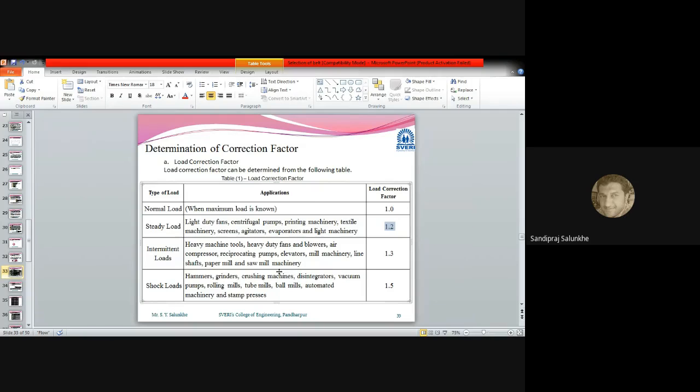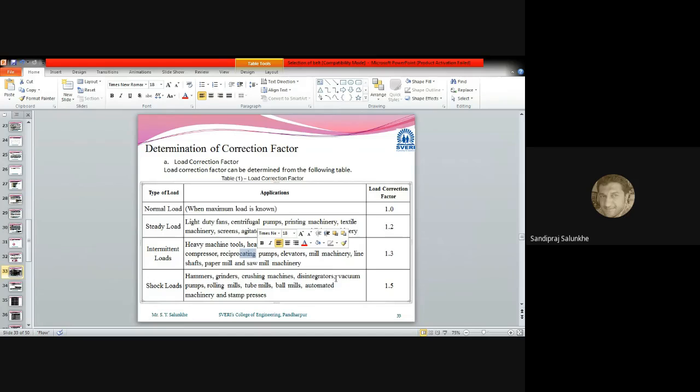But in case of big air compressors, then reciprocating pumps, centrifugal pumps are coming in light duty, whereas the reciprocating pumps are coming in the intermediate load duty. Then elevators, like in a mall, you may be knowing. Then mill machineries, all types of mills. Then line shafts.